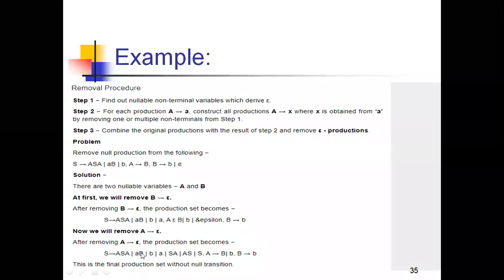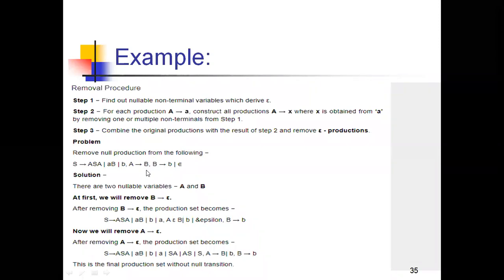S tends to ASA or AB or B or A or SA or AS or S. For A tends to B, or if I put a B in the place of this B, then it becomes B. The only thing I need to do is eliminate the epsilons. So directly here I'm eliminating the epsilon. So the productions in the modified grammar do not consist of epsilon moves.